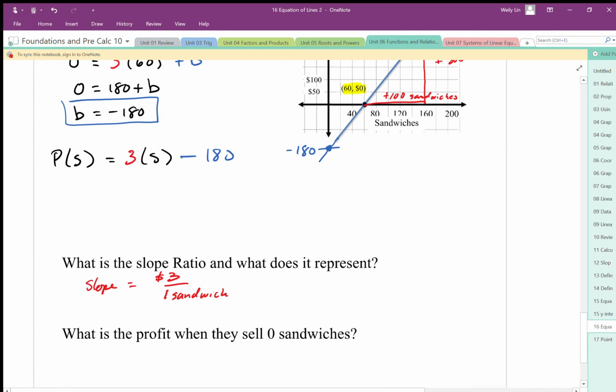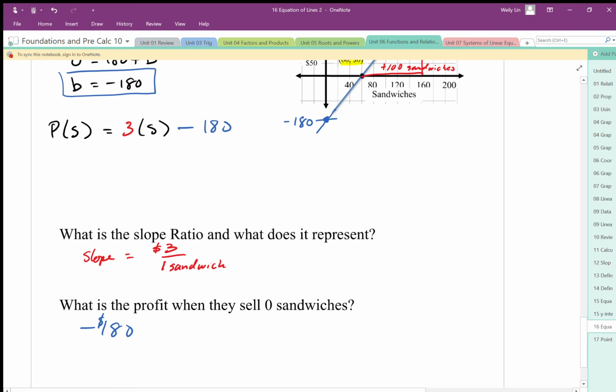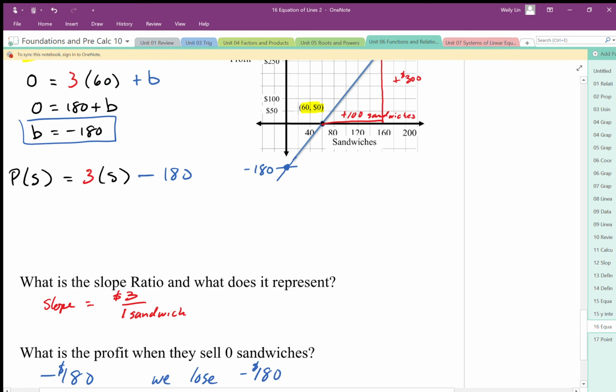Well, that's going to be my y-intercept. So when I sell 0 sandwiches, my profit is going to be $180 loss. Okay, so we lose $180. And again, the units are going to have to be consistent with the y-axis unit because the y-intercept represents a y value.